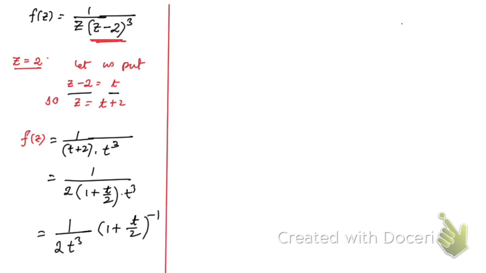Now you see, f of z is 1 by 2t cube. So how to expand this? We're going to use 1 plus x whole to the power minus n.